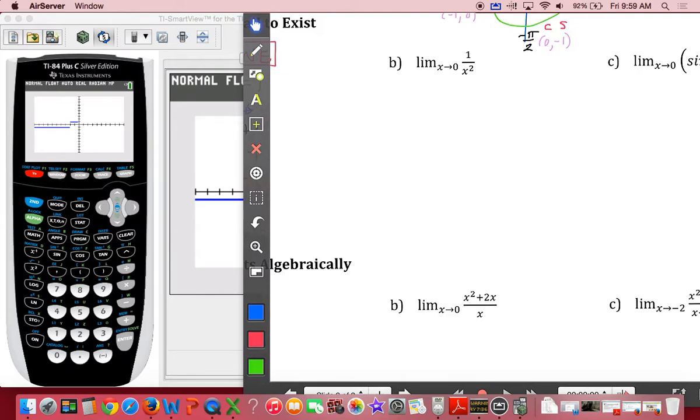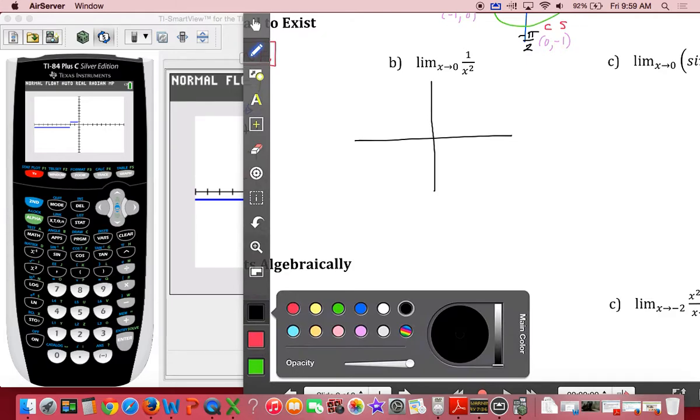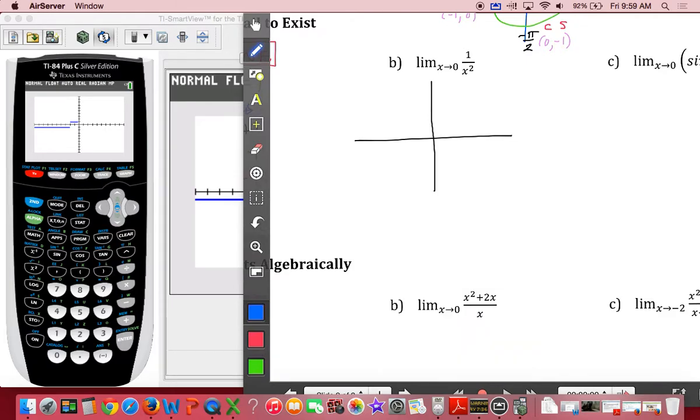So you go ahead and graph B. Put it in your calculator. Obviously, I can't put it in mine anymore. What can x not be? 0. So we're going to have a vertical asymptote going through the x-axis at 0.